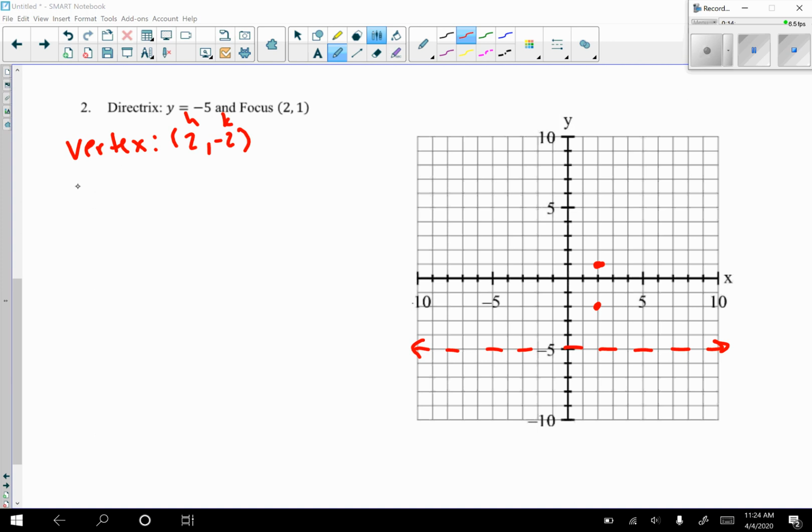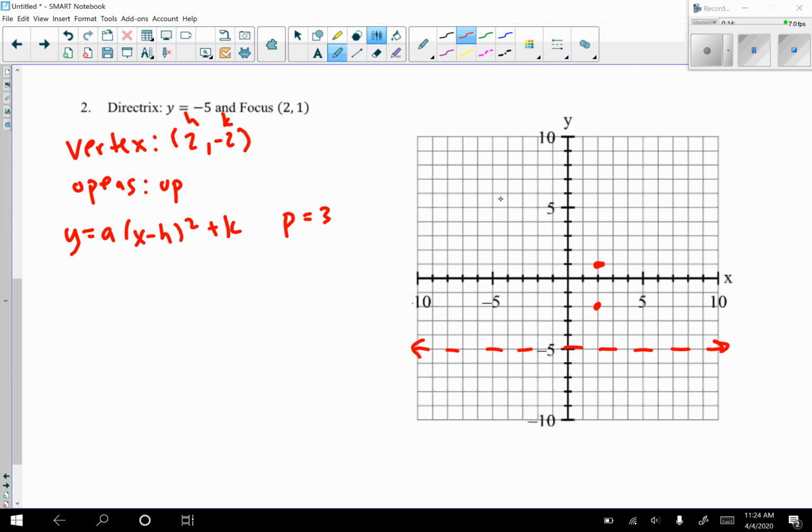We know this parabola opens up because the focus is always on the inside of the parabola and the parabola doesn't cross over the directrix. And so we have a y equals equation. Now we can go ahead and find our a value. In this case, we know that the distance from the vertex to the focus is 3, or the distance from the vertex to the directrix is 3.